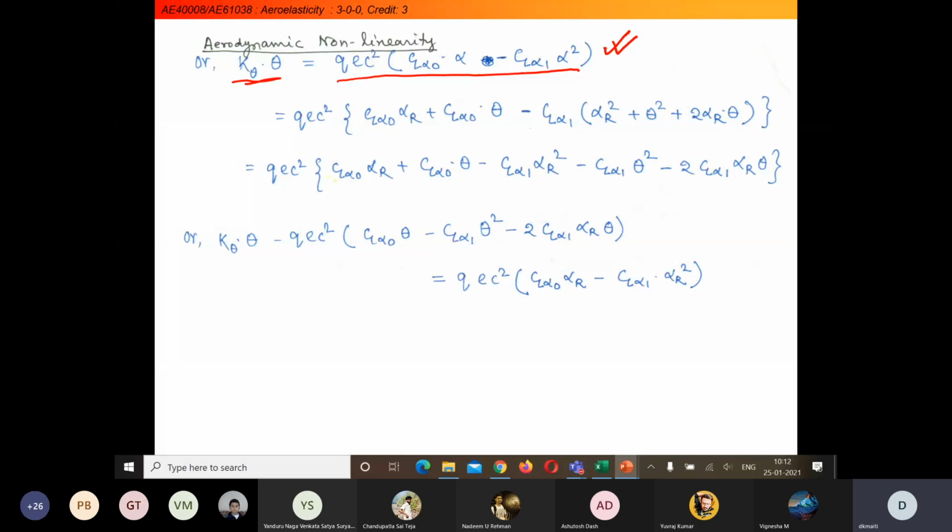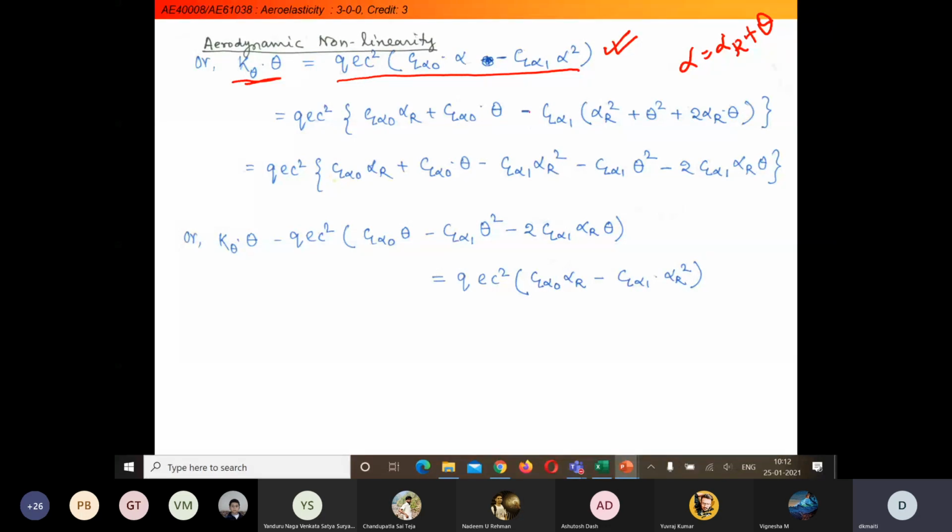Earlier we have taken alpha equal to alpha r plus theta. Substituting this relation, we get q e c square, this whole thing multiplied by Cl alpha naught into alpha r plus Cl alpha naught into theta minus Cl alpha 1, then it will be square. So it will be alpha r square plus theta square plus 2 alpha r into theta.